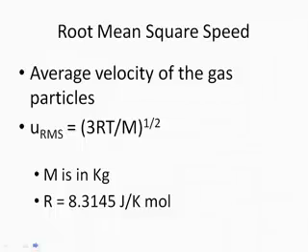Another expression that you'll see is the root mean square speed, and this is just a way of measuring the average velocity of the gas particles. Again, u is used for the average velocity, and it's equal to the square root of 3RT divided by M. And the key thing to remember here, again, is that the R here, since we're talking about some kind of energy-related thing, is 8.3145.